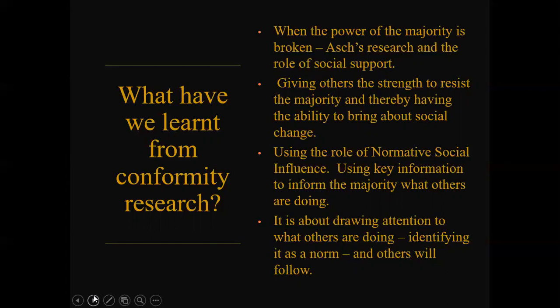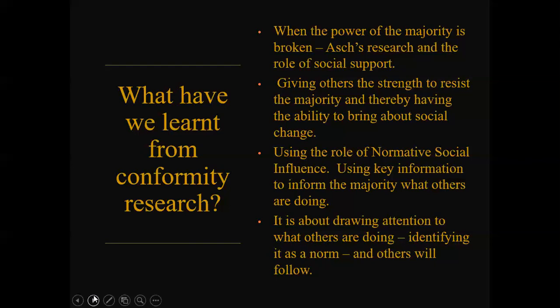We can also use the idea of normative social influence here, because normative social influence is about setting the norm, right? So using key information to inform the majority what others are doing. So if we can tell that actually they're not doing what everyone else is doing, that can be very informative.